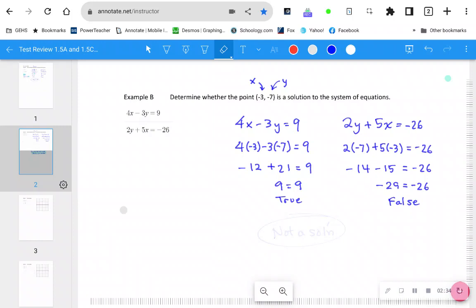But when we plug those same numbers, -3 for x and -7 for y, you'll notice that those are kind of in reverse order there. The y is in front. You get -29 equals -26. That's a false statement, and you conclude that that point is not a solution.